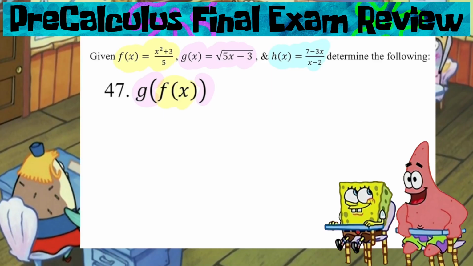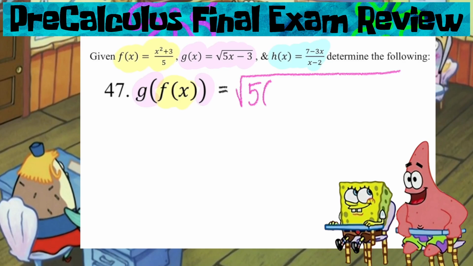Okay, so let's get into this. So if you watched the last one, I was more detailed. I'm going to get right to it. So I will have g of x as my outer function. That is the square root of 5x minus 3.